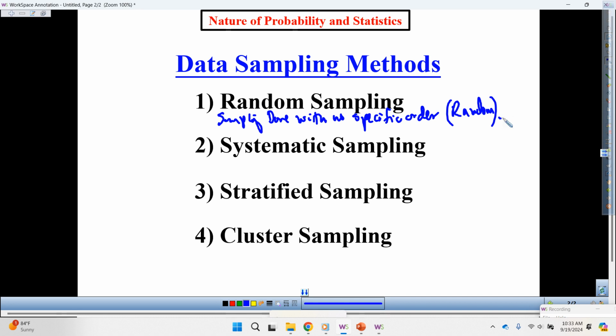All right? Okay. So, Vianney, pass someone for the definition of systematic sampling. Mario: Sampling done by choosing an order.